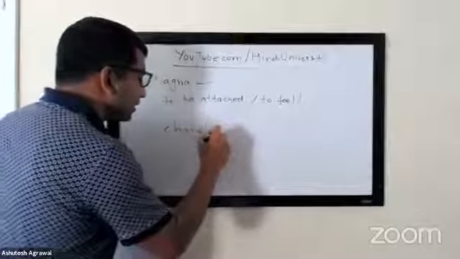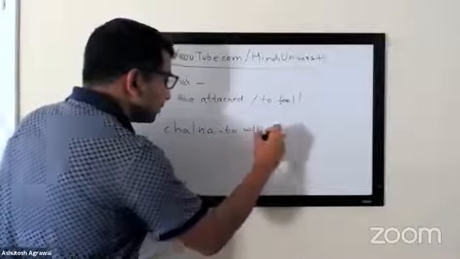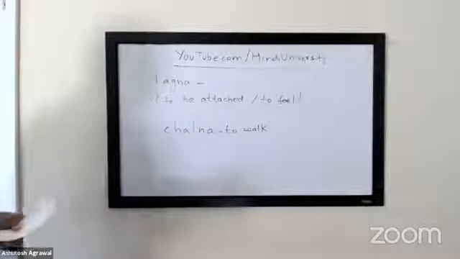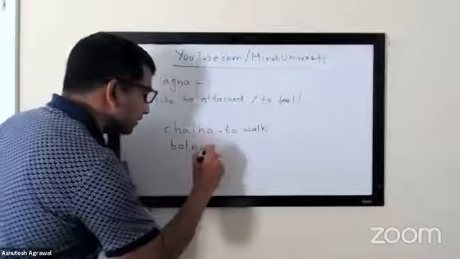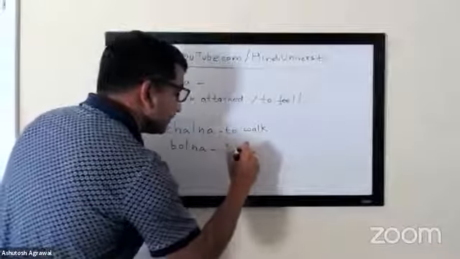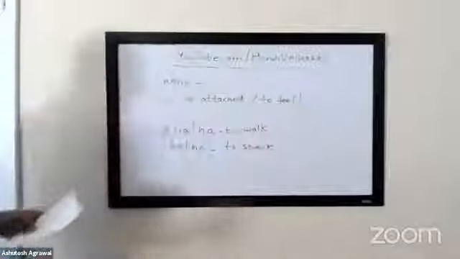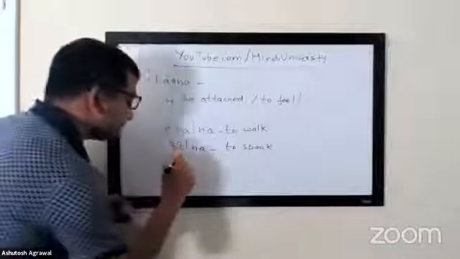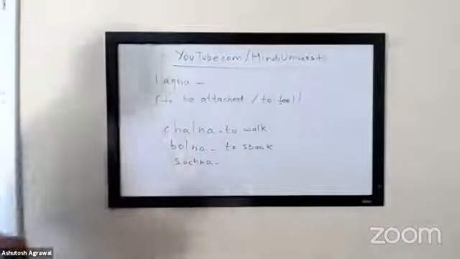Let's say you have some verbs that you are familiar with: chalna, which is to walk. I'm going to just take the basic verbs here. Bolna, to speak or to talk. Similarly, you have sochna. What is sochna? Anyone?